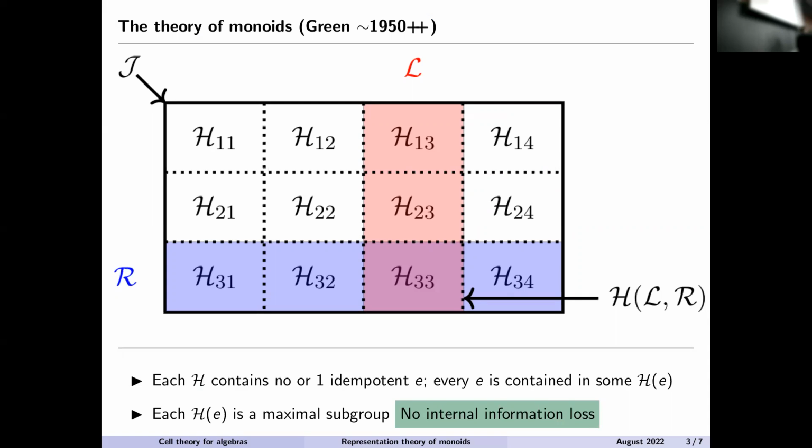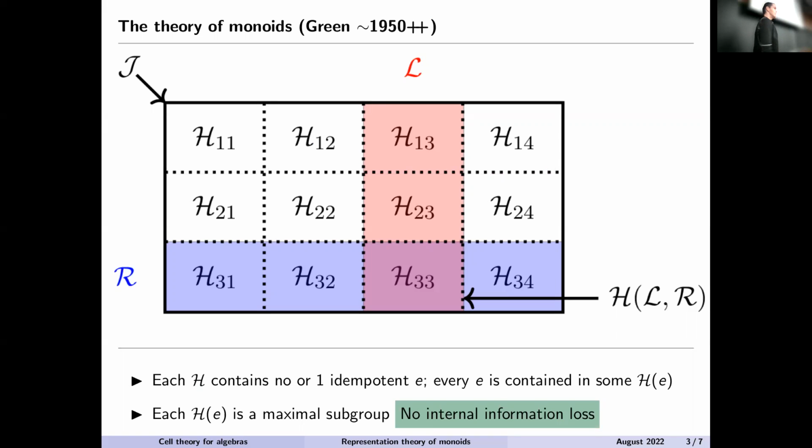I can go to the wall, right? I go to the winning point, then they will show up at some step associated with some H. And even better, every H contains just one idempotent, or none. This is kind of the idempotent separation property. Okay, so every idempotent sits somewhere in some H, and no H contains more than one idempotent.